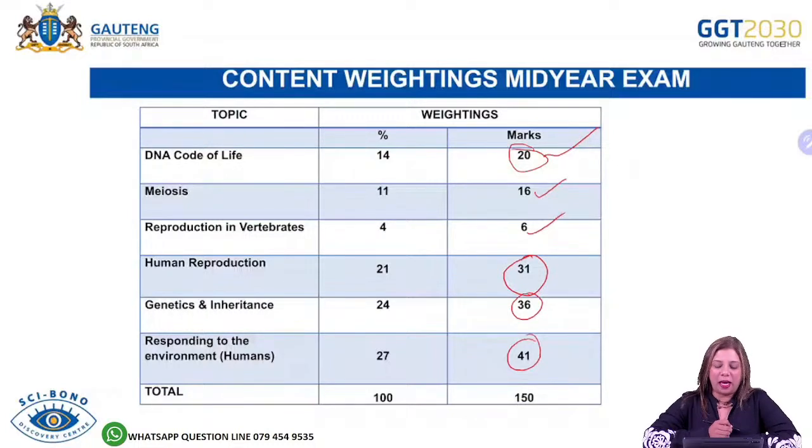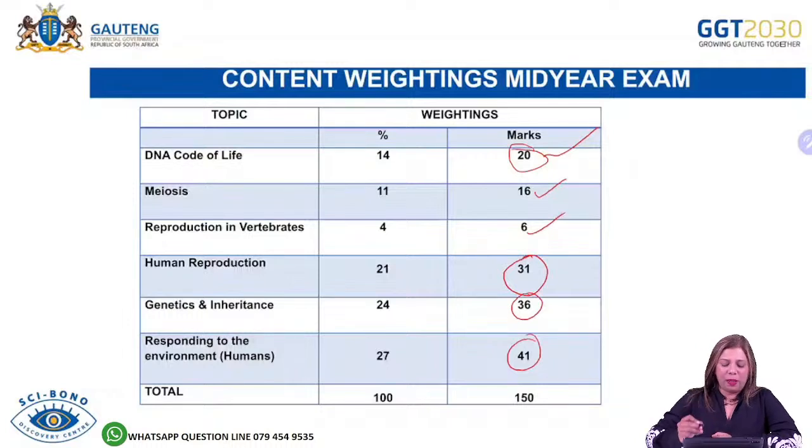Now, if you look at that weighting of the marks in the examination, you can already start to strategize and navigate how you are going to study for this exam. Based on past experience and looking at the weighting grid in the exam guideline, you need to focus more on those topics that have a greater amount of marks.